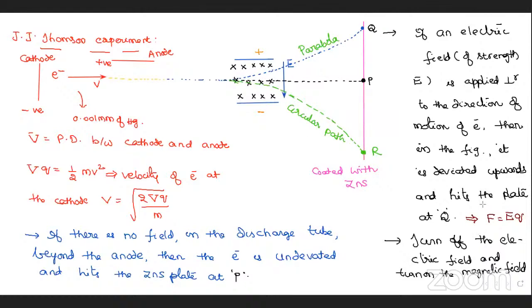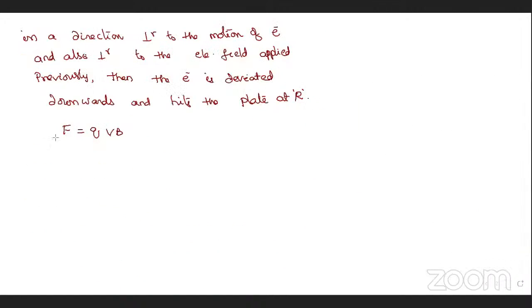This is F equals EQ, and this is F equals QVB in the magnetic field. Now check what he is doing. Later, turn on both the fields simultaneously.